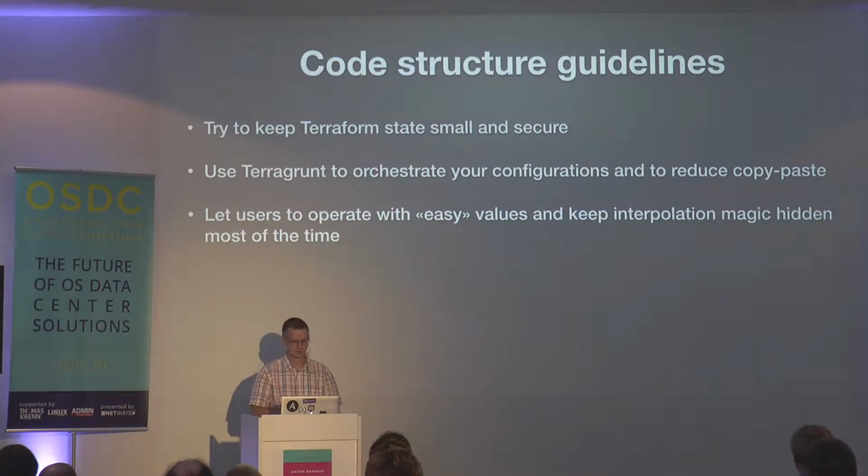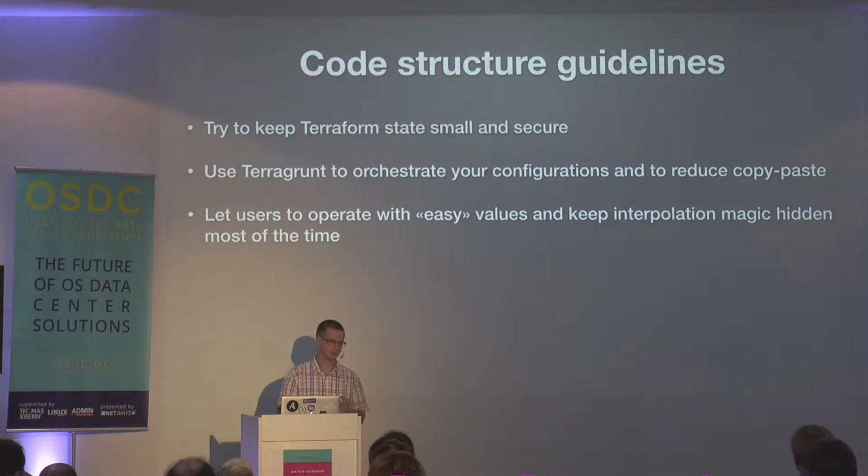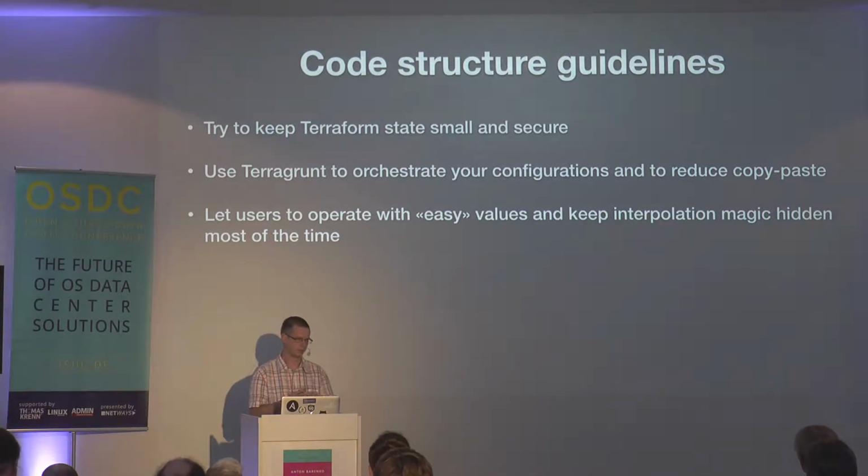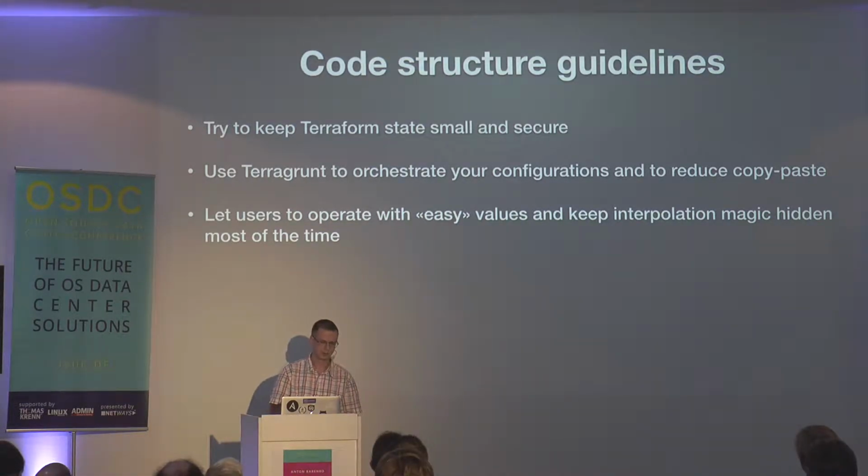I can just say that if we have fewer resources to manage in a single run, it will be faster and more secure, and in general, it's easier to think about a much smaller scope. And tools like Terragrunt can allow us to orchestrate configurations and reduce the amount of code which has to be copied between these.